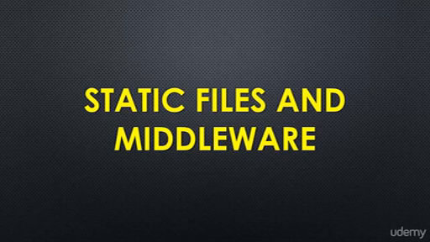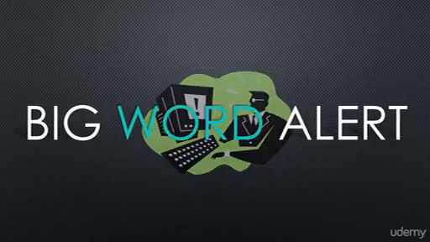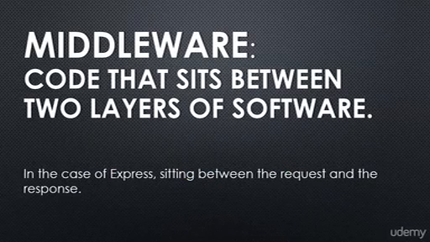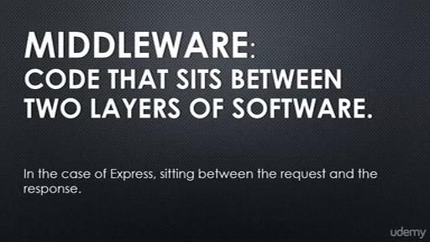This is static files and middleware. Big word alert. Middleware. Middleware basically means code or software that sits between two layers of software. So I have an overarching application, but between two layers of it, I have some middleware that does something for me.